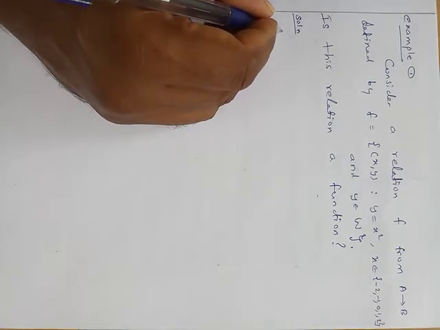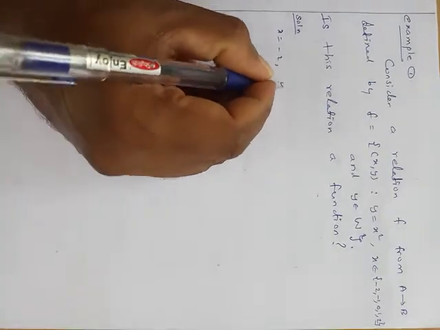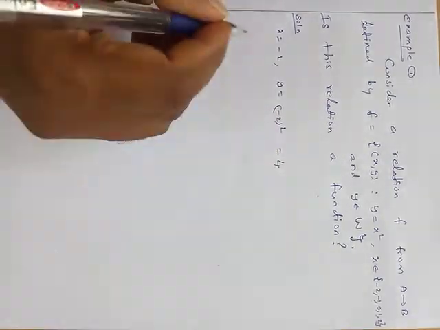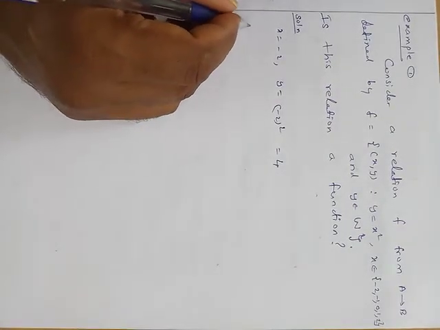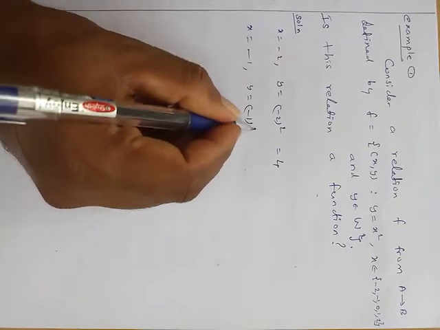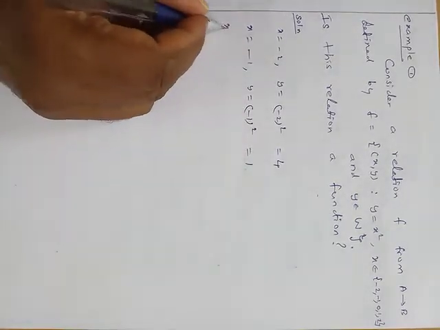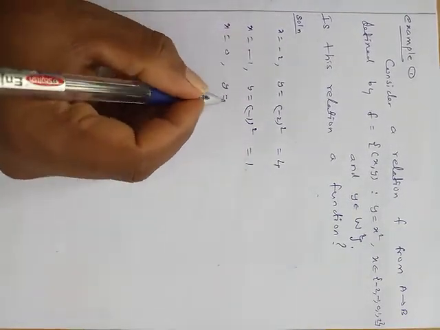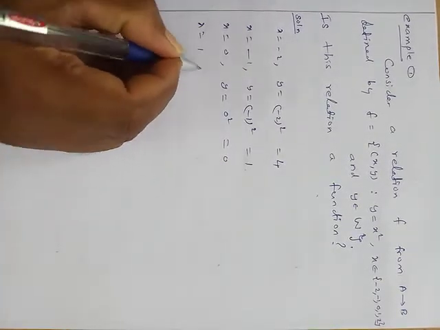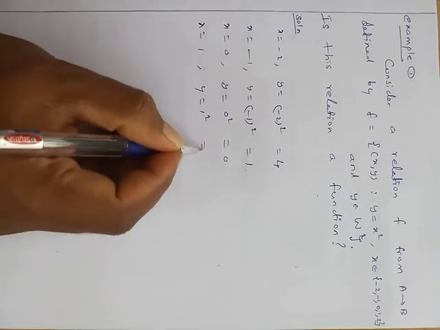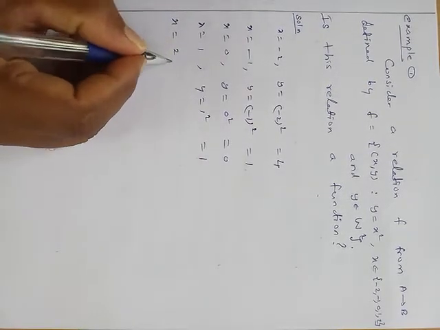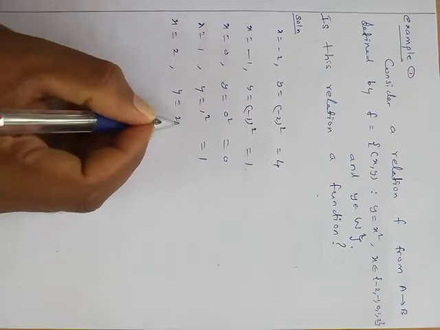If x is equal to -2, then y is equal to (-2) squared, which is 4. If x is equal to -1, y is equal to (-1) squared, which is 1. If x is equal to 0, y is equal to 0 squared, which is 0. If x is equal to 1, y is 1 squared, which is 1. And if x is equal to 2, then y is 2 squared, which is 4.